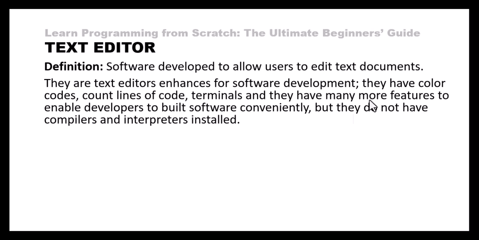If you look at a text editor for software development, it may have a lot of color codes. It may count lines as you are programming. It might have a terminal installed. It might have many more other features to enable developers to build software conveniently.